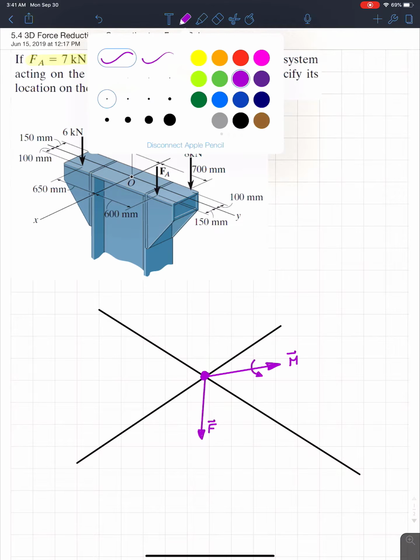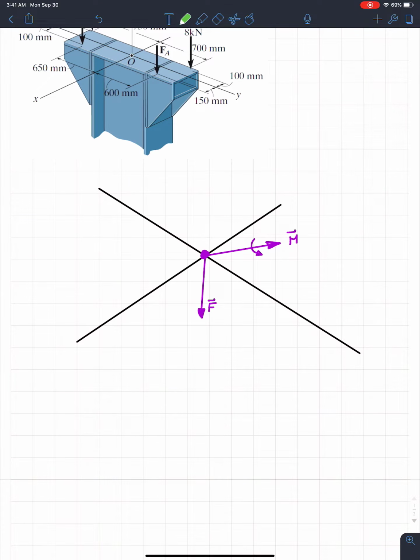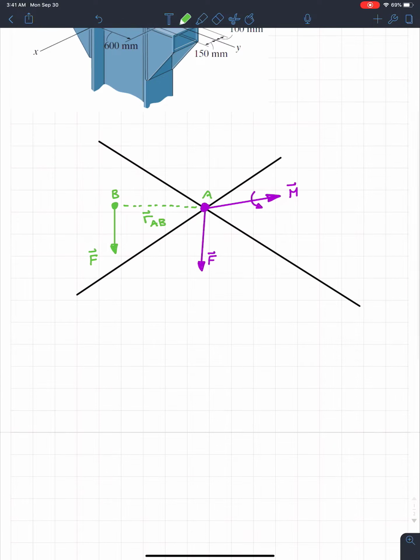However, what we're going to do in this example is take it a step further, and move the force vector to a different location, say this location. This is our new force vector, and if we cross the position vector from A to B, position vector AB, with our force vector, that's going to give us the moment vector that we had before.